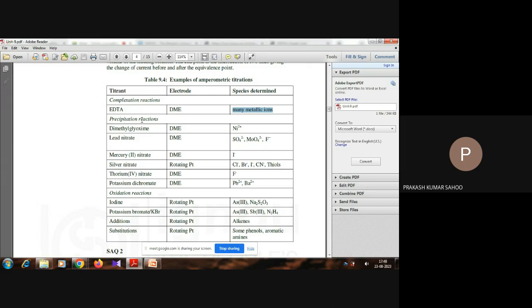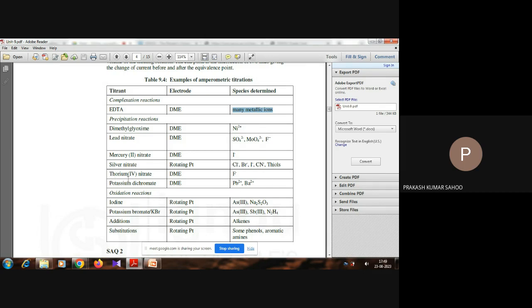In precipitation, generally we have some reagents, like dimethylglyoxime for nickel, lead nitrate for sulfate, molybdate or fluoride, mercury(II) nitrate for iodine, and silver nitrate for chloride, bromide, iodide, cyanide, or thiols. Thiols means SH, it is thiol.